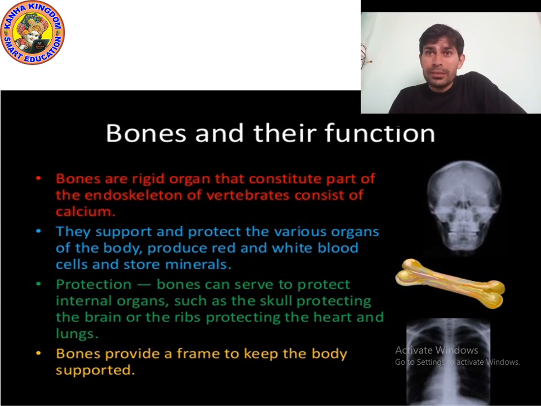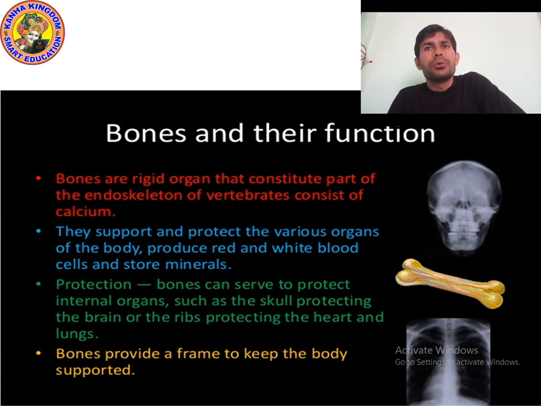They also help to produce two types of cells: red blood cells and white blood cells. Red blood cells help to make blood, and white blood cells, you know, are protectors. Apart from this, bones also store minerals.